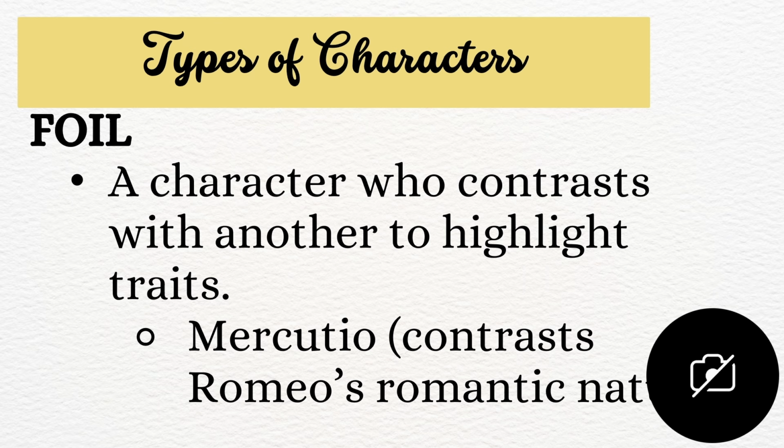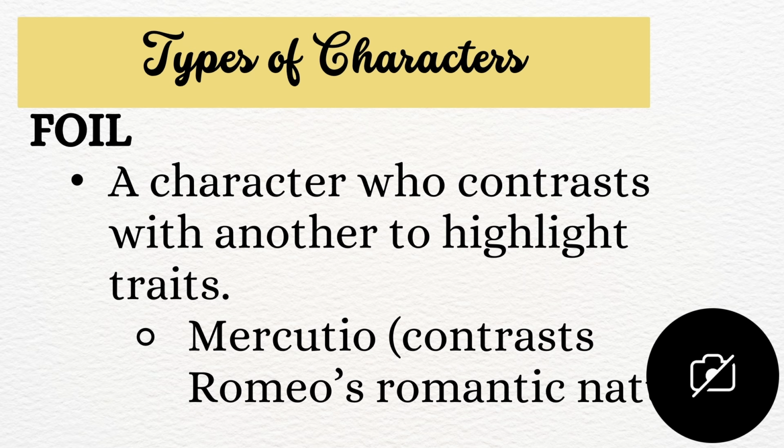Because if you read or watch Romeo and Juliet as a play, you'll see that Romeo is really a romantic type of guy. And if you take a look at Mercutio, there is a particular scene in Act 1, if I'm not mistaken, that's Act 4, wherein Mercutio is trying to tell Romeo that love is not about being romantic. It's about just a physical attraction or somehow sexual attraction towards somebody.